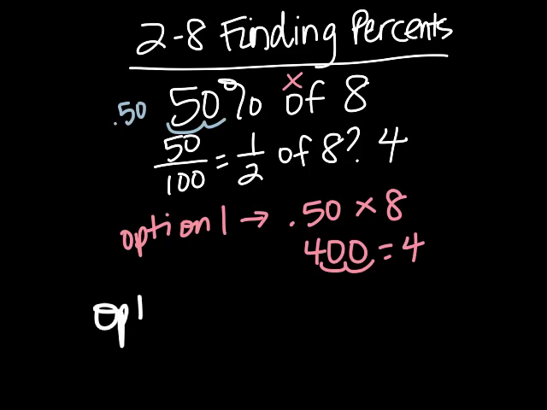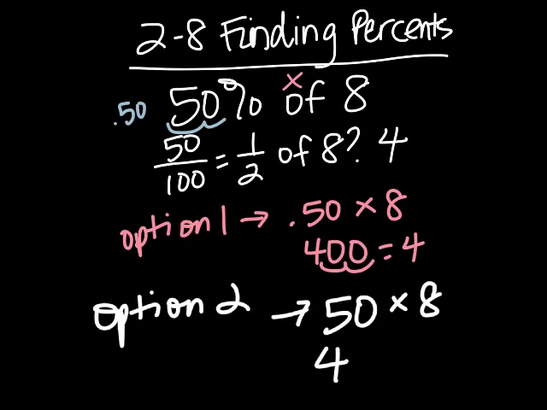So option 2 is just do 50 times 8, which would give you 400. And then remembering that you have to drag the decimal back 2, you would get 4. I kind of like option number 2, but it's up to you. Either way you can do the problem.